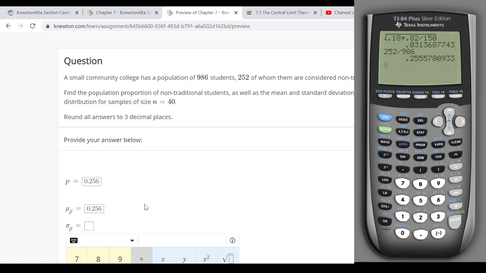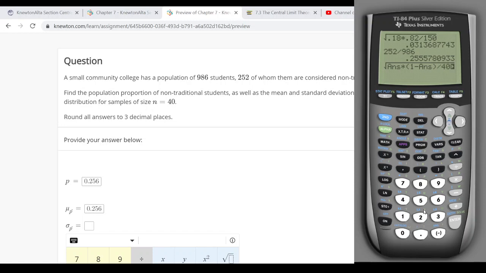And the standard deviation of all those p hats, again, was that formula, right? The square root on the calculator here of p, so, you know what, I'm just going to take the previous answer, second answer, times, and then in parentheses here, 1 minus the previous answer, that population proportion, and then divided by the sample size, which is 40.